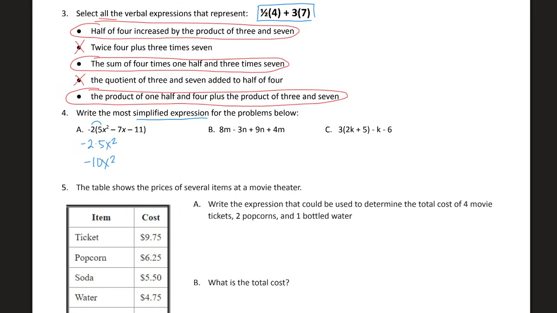Then I'm going to do negative 2 times negative 7x. So negative 2 times negative 7 is going to be positive 14x. And then I'm going to do negative 2 times negative 11, and that is going to be positive 22.